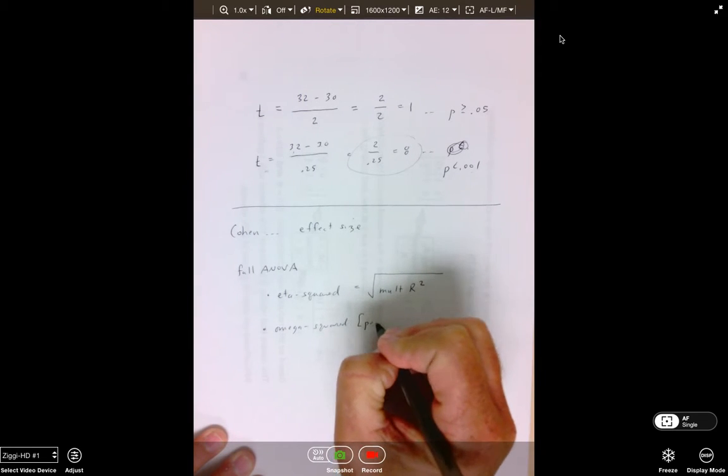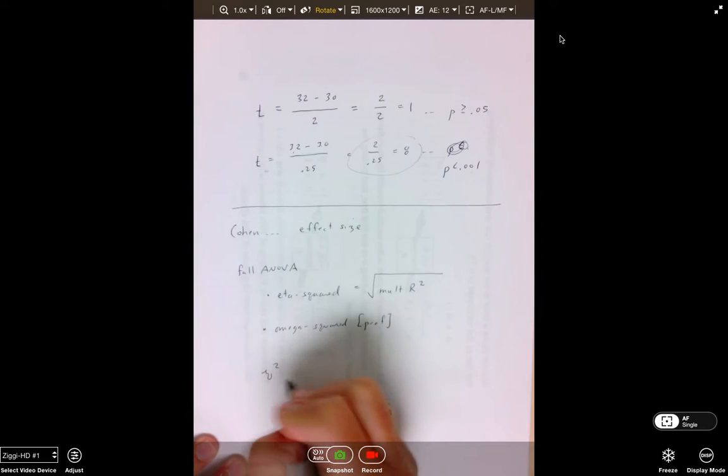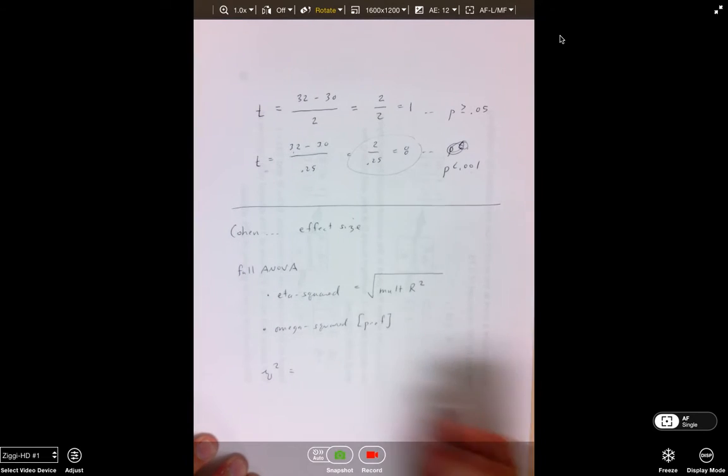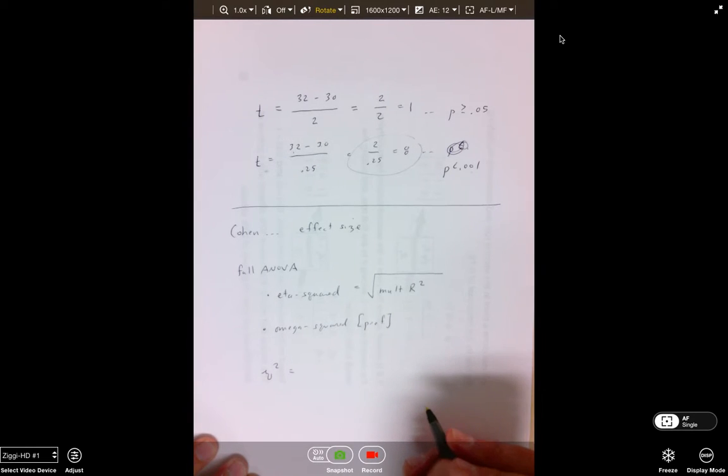Probably, I would say for the full ANOVA, the omega squared is arguably the most appropriate. The omega squared looks like a W, and that is the ugliest omega in the history of omegas.